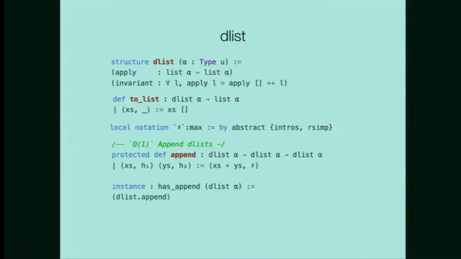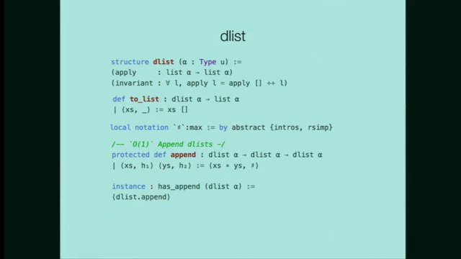The first one is a function called apply that takes a list and returns a list, and there is an invariant there saying that apply of L is equal to apply of the empty list concatenated with L. And we have functions for converting a glist into a regular list. I'm defining the append operation for the list that is just function composition.